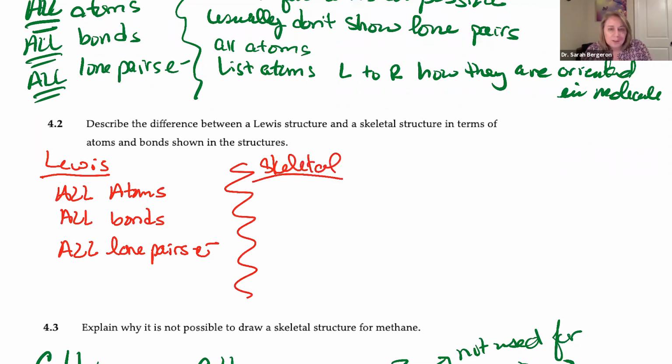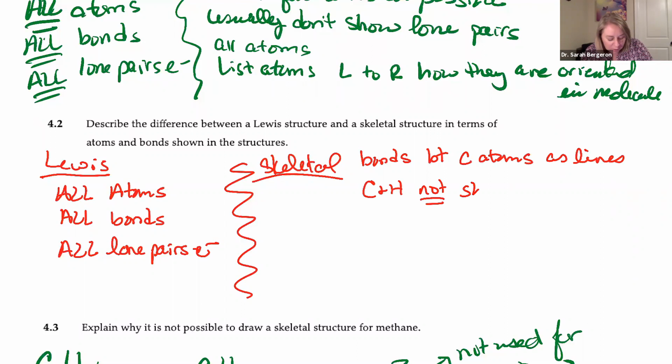Okay, now skeletal. Remember skeletal, bare bones, skeleton, right? So what does it show? It shows bonds between carbon atoms as lines, right? The carbon-hydrogen bonds are not explicitly shown.